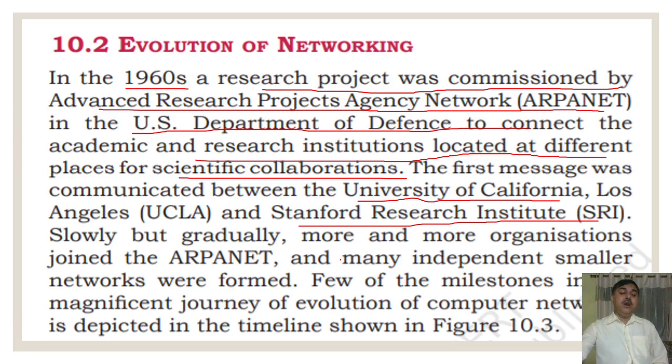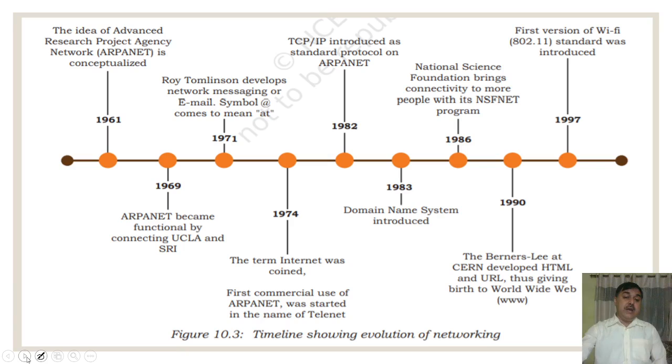See here, I am showing you one timeline. In 1961, the idea of the Advanced Research Project Agency Network, ARPANET, was conceptualized. In 1969, ARPANET became functional by the connection of UCLA and SRI.